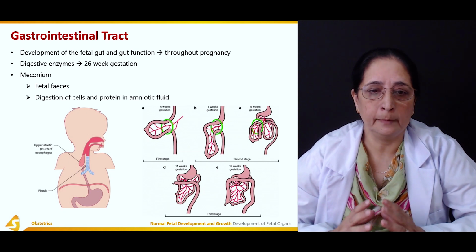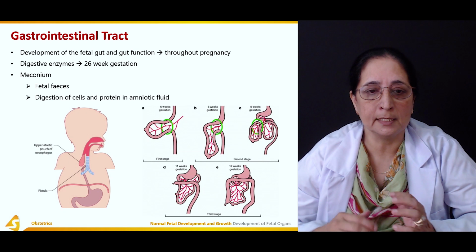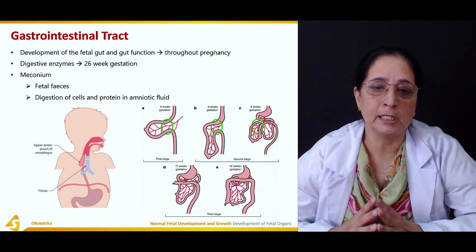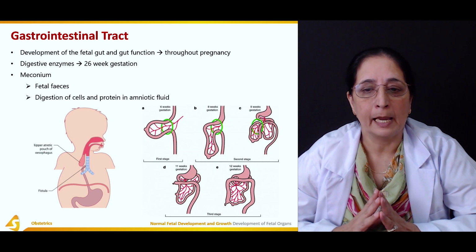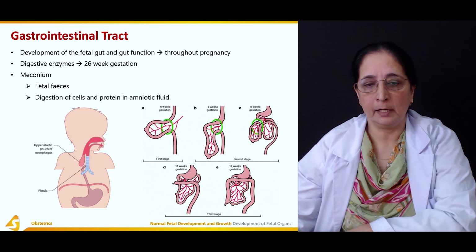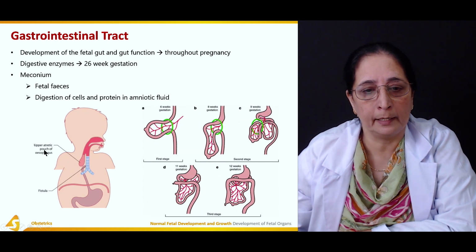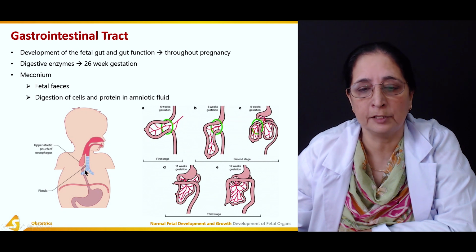So meconium is fetal feces, and it causes digestion of cells and protein present in the amniotic fluid. Here, this is the upper atretic pouch of esophagus. Then we have the fistula.